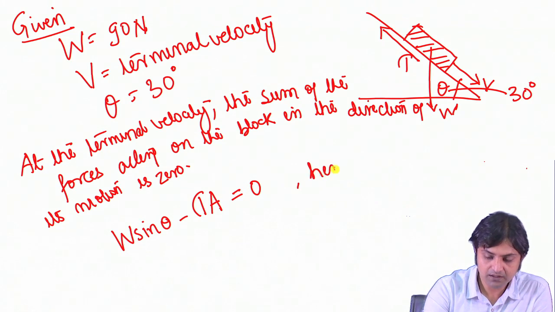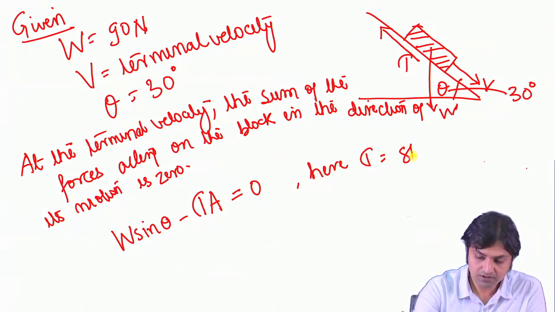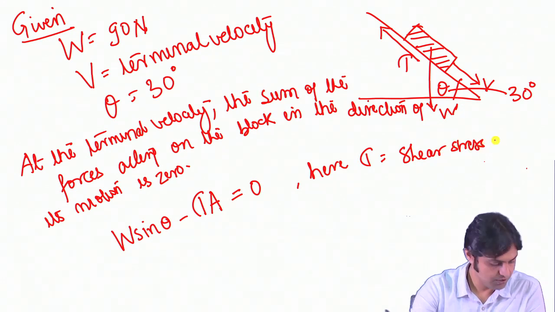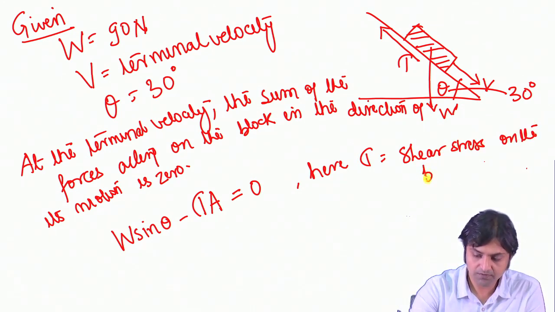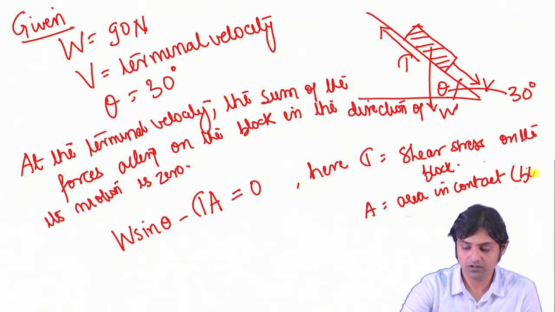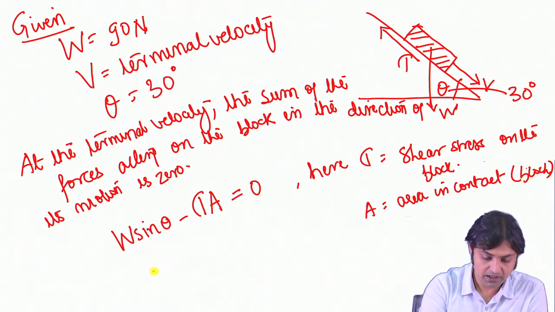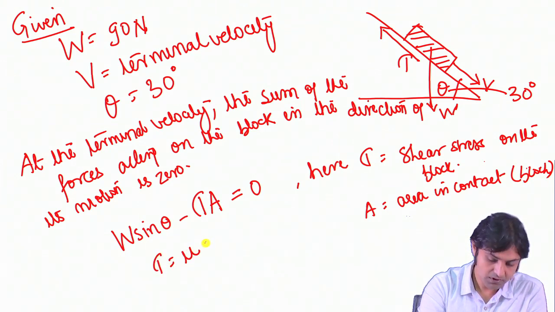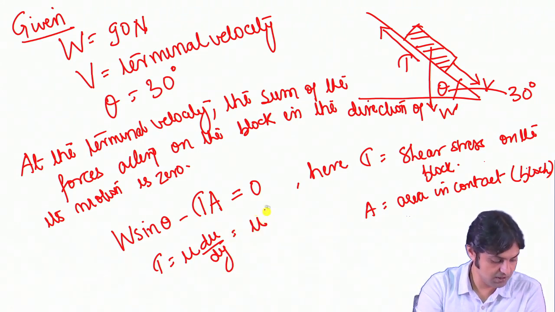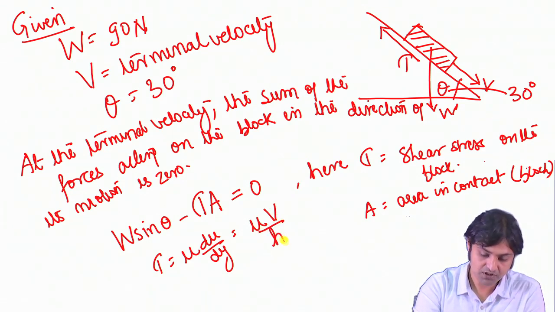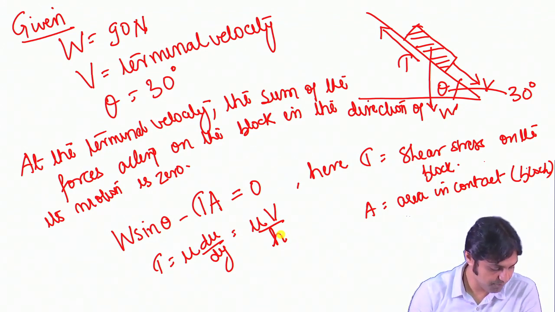Here tau is the shear stress on the block, A is the contact area or the area of the block, because the whole area is in contact, and tau is mu du by dy, or mu v by h if the terminal velocity is v, and y is the thickness h, because that is the area that is in contact.